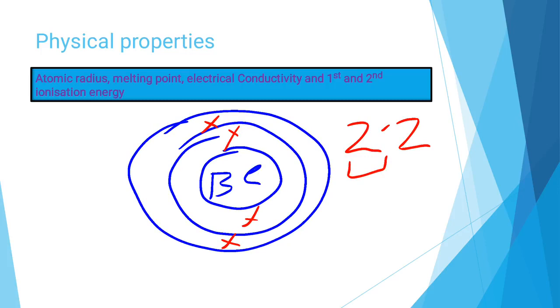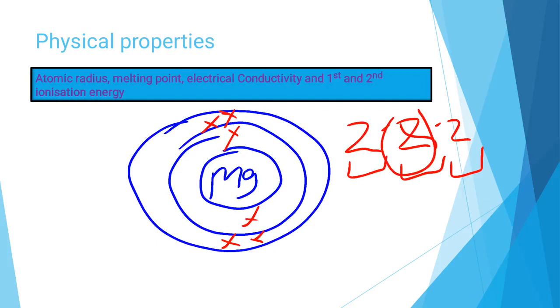So if we were to draw the structure of magnesium, which is the second member, it will look like this. So that now we have an additional energy level. We will have another electron here, because the second energy level, of course, will have 8 electrons, and then another electron there, another electron to make up to 8.